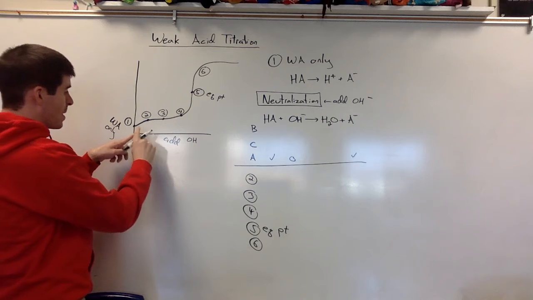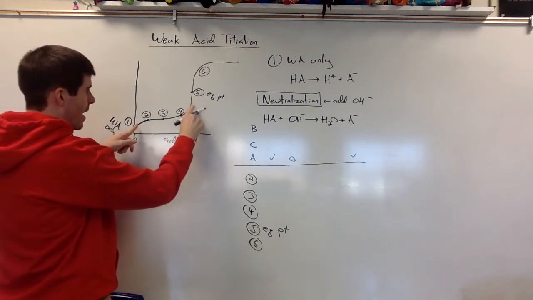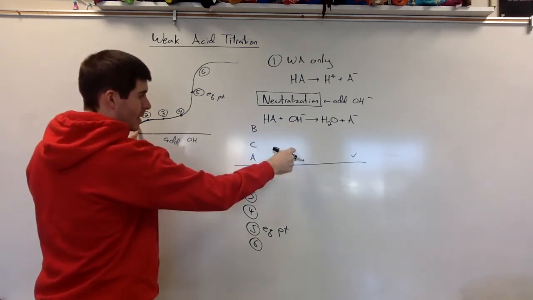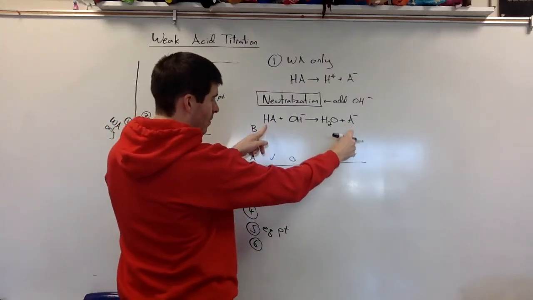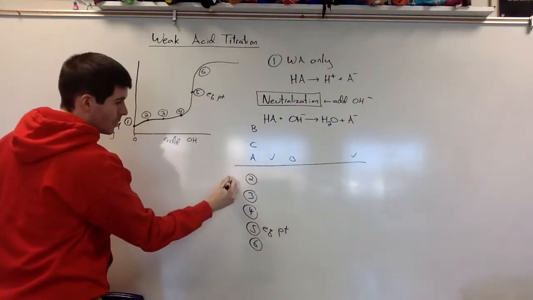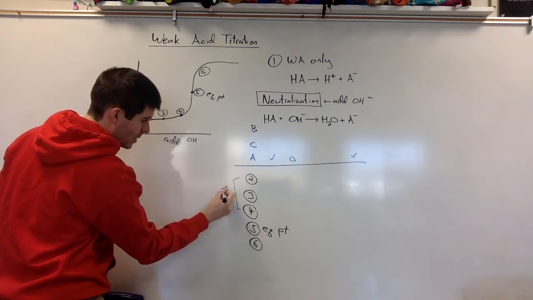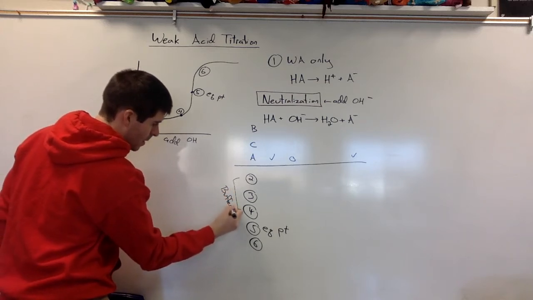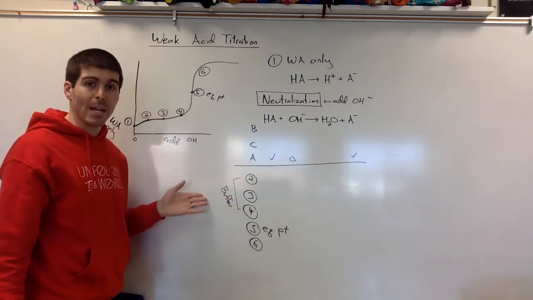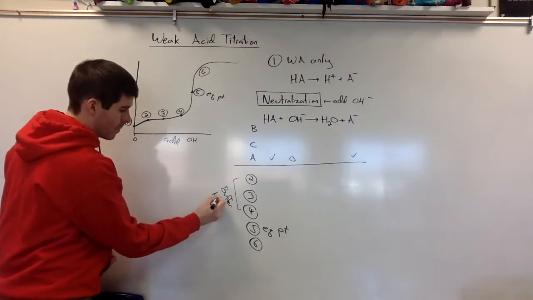So anytime from here all the way up to 0.5, we have the hydroxide limiting, we will have a buffer, HA and A-. So these regions are buffer regions. And to calculate the pH, you can use Henderson-Hasselbalch.